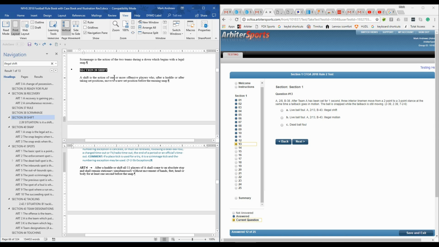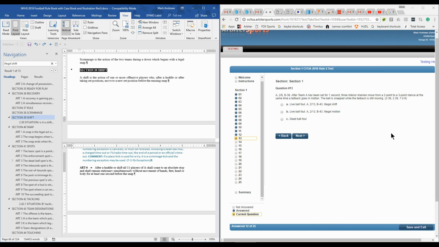A shift is the action of one or more offensive players who, after a huddle or after taking set positions, move to a new set position before the ensuing snap. So basically that means that anytime a player moves to a new position after a huddle, so when we break a huddle, that's a shift.